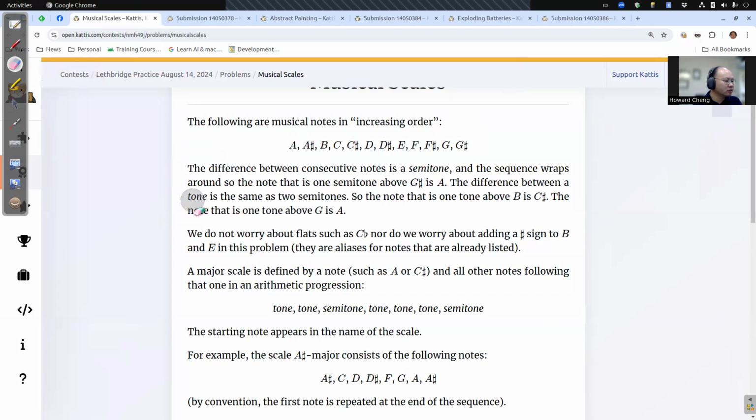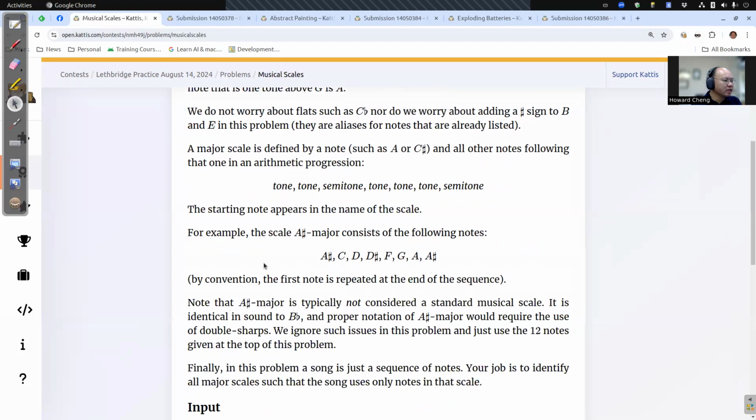Okay, and then what else did they say? We do not worry about flats. A major scale is defined by a note, such as A, C sharp, or whatever, following an arithmetic pattern. So +2, +2, +1, and so on. So you have to do some arithmetic to figure out which notes appear in the scale.